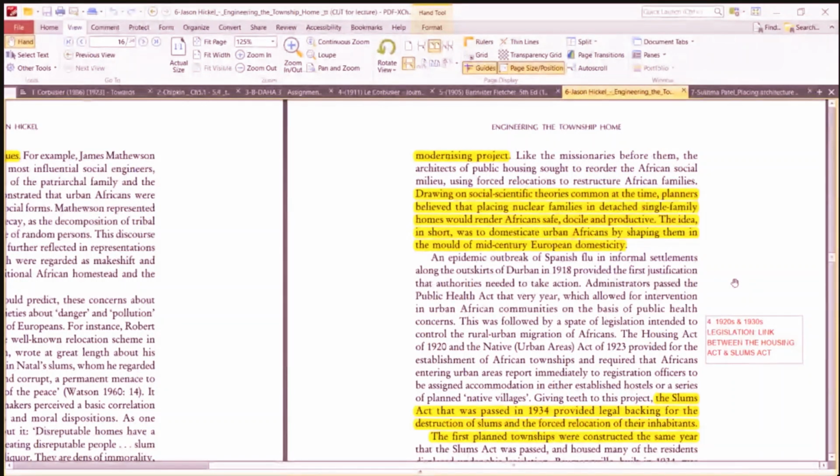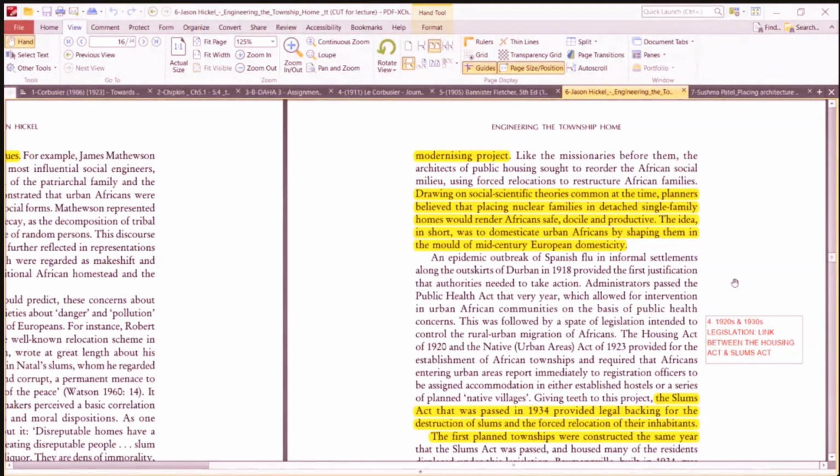The idea, in short, was to domesticate urban Africans. Right? This is the idea. They pose a threat, they pose a danger, and they need to be domesticated. And this is how we will domesticate them. The idea, in short, was to domesticate urban Africans by shaping them in the mold of mid-century European domesticity. Right?